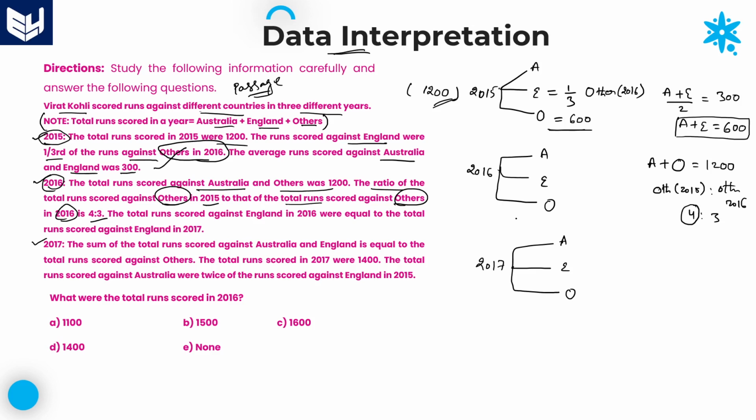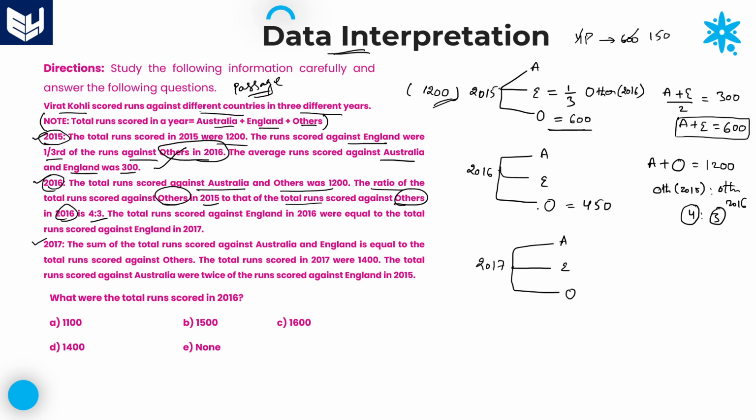Therefore 4 parts is equal to 600, then each part is equal to 150. Here, 2016 others has 3 parts, so 3 into 150 is 450. The number of runs scored against others in the year 2016 is 450.